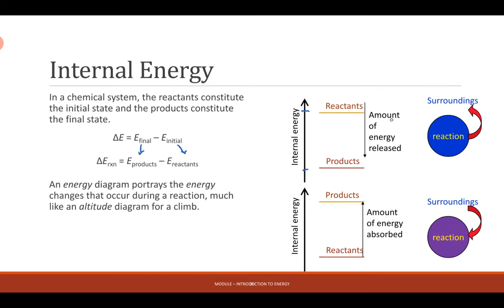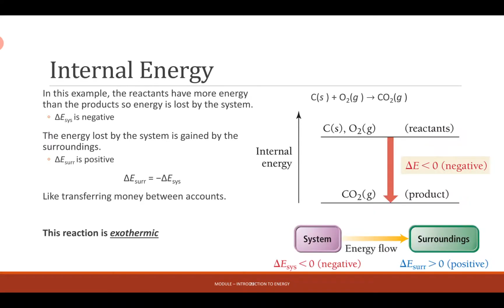So we can have energy exchange between the system and surroundings in either direction. For instance here, the reactants are higher in energy than the products. And so when we do final minus initial, we end up with a negative value. And that means that this reaction is exothermic. Our reaction is losing energy to the surroundings.